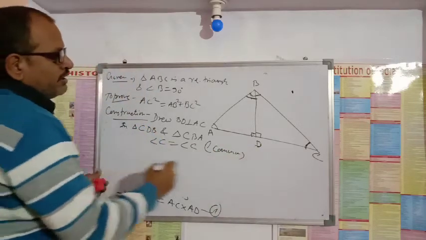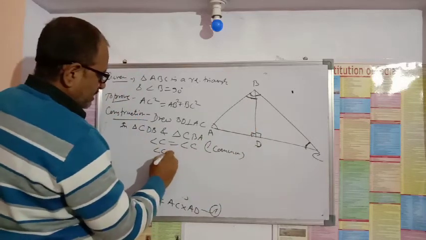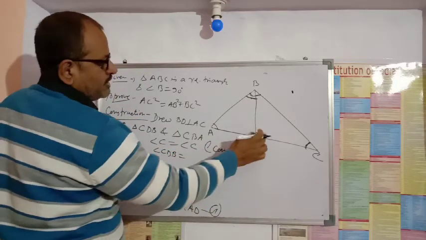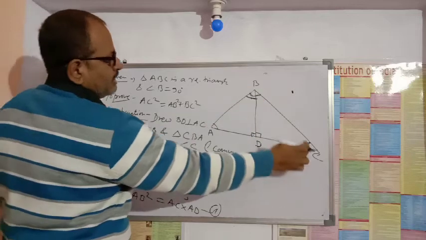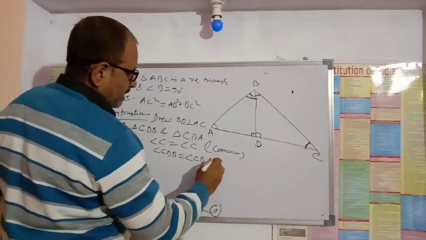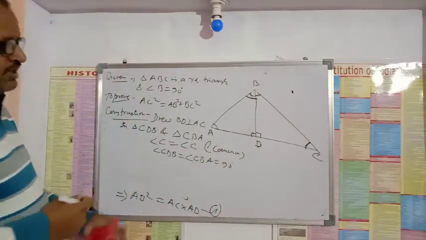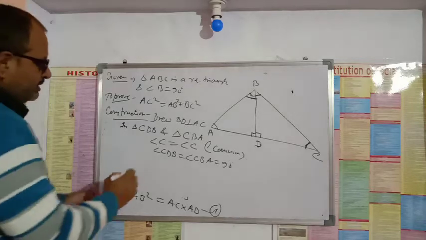And angle CDB is 90 degrees. In the big triangle, angle CBA is also 90. Both are 90, so two angles are equal. We can say both the triangles are similar.